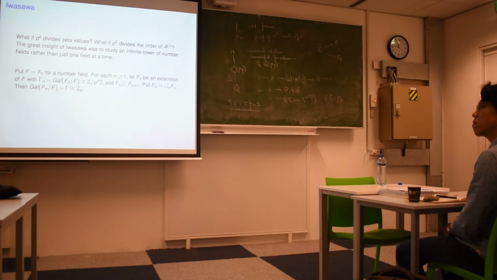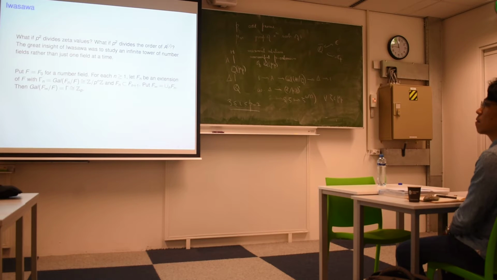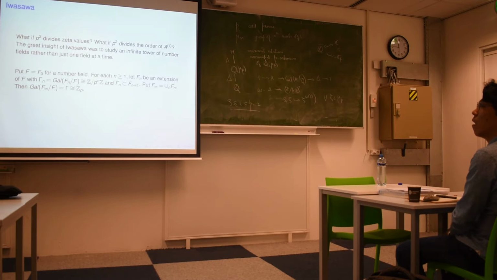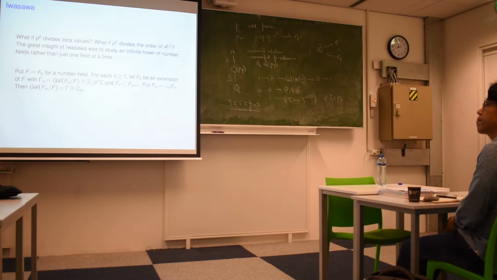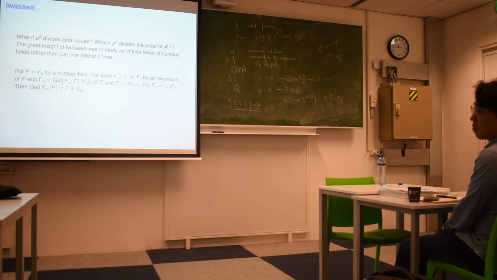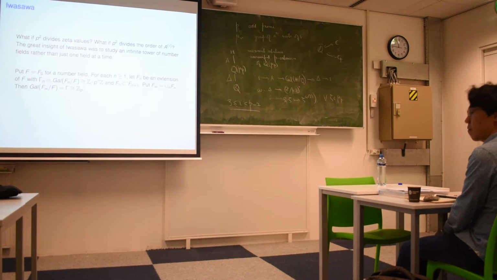Then I have F_1, ..., F_n, ..., F_infinity, which is the union of the F_n. So this is not a number field anymore. The Galois group of F_n over F is Gamma_n, which is isomorphic to Z/p^nZ. And the whole Galois group I denote by Gamma. This is isomorphic to Z_p, the p-adic integers.